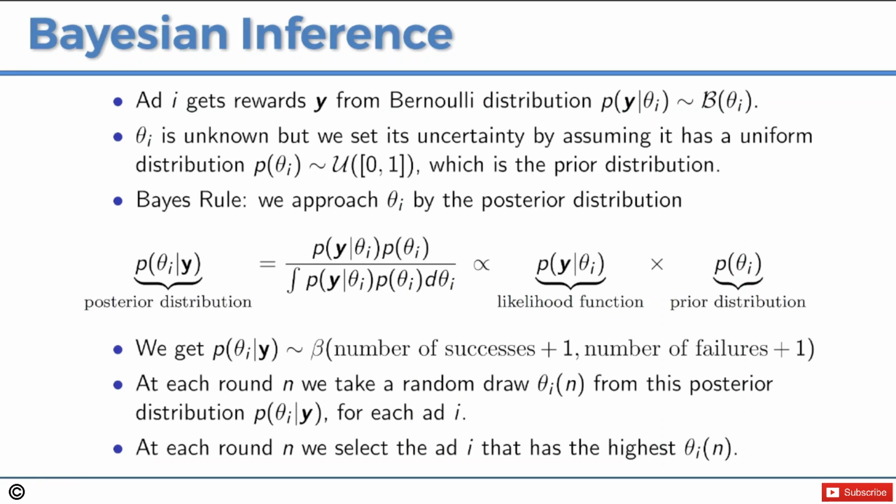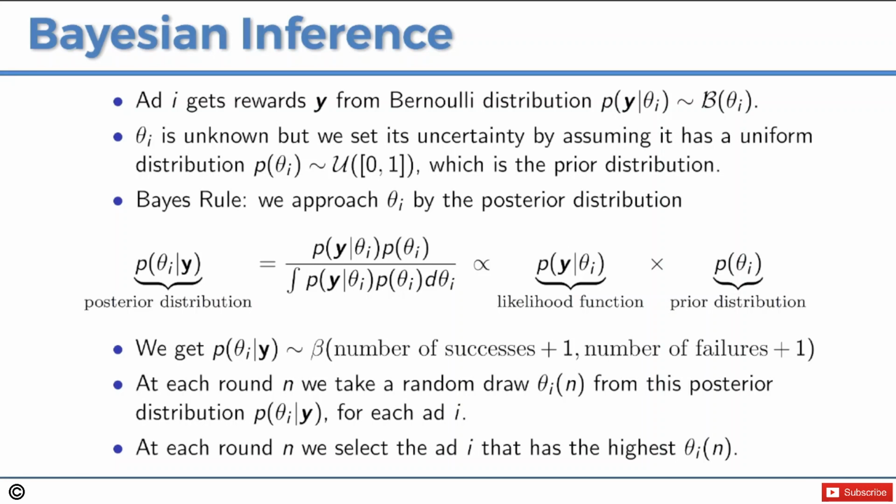And you can picture this probability of success by showing the ad to a huge amount of users, like 1 million users, and theta_i could be interpreted as the number of times the ad got reward 1, that is the number of successes, divided by this total number of times we selected the ad, that is 1 million. So basically theta_i is the probability of success, that is the probability of getting reward 1 when we select the ad. And so the assumption is that each ad i gets rewards 0 and 1 from this Bernoulli distribution of parameter theta_i, which is the probability of success.